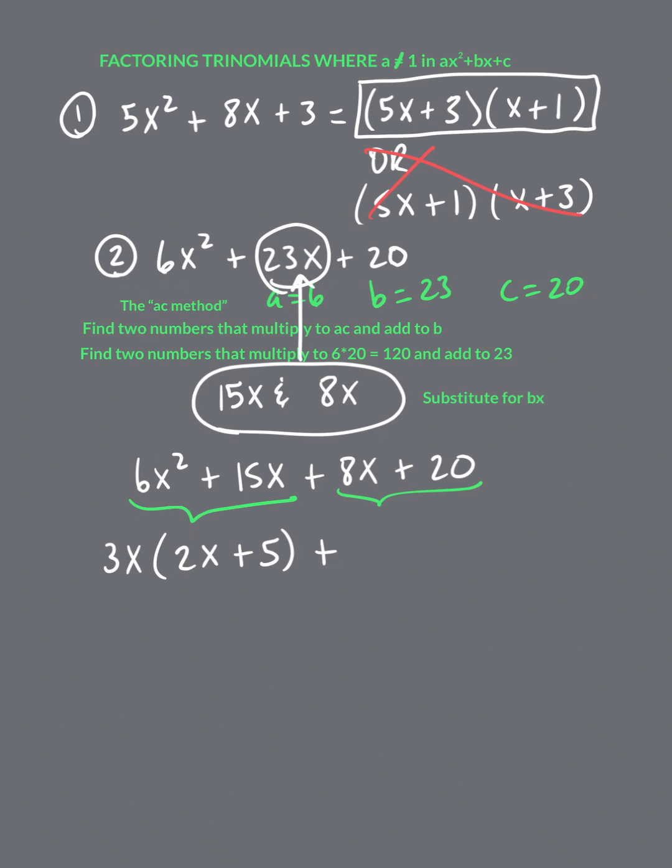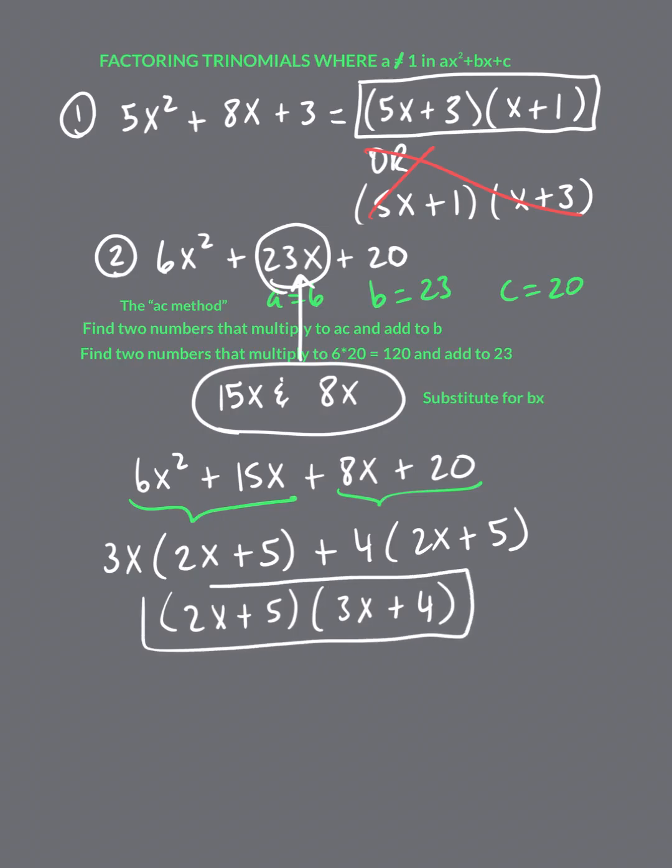So we factor out a 4. We're left with 2x plus 5. Now, when we do this method, these two factors will always be the same, just like they always should be when we're factoring by grouping. So our first factor is 2x plus 5, and our next factor is what's left, the 3x plus 4.